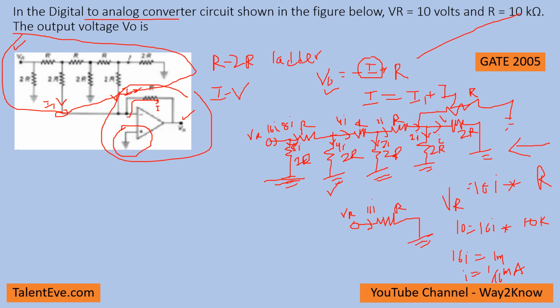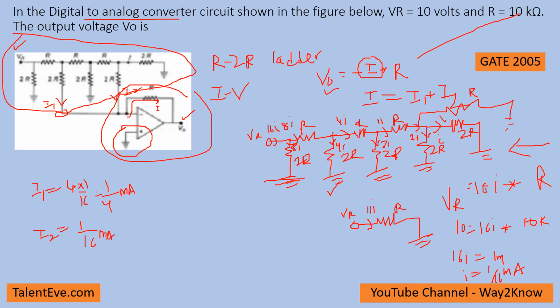Now from here you can calculate I1, because I1 is nothing but 4 into I, that means 4 into 1 by 16, which is 1 by 4 milliamps. Now I2 is this last 2R, which is nothing but I, so directly it is 1 by 16 milliamps.